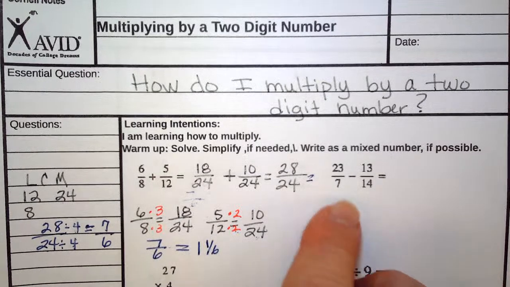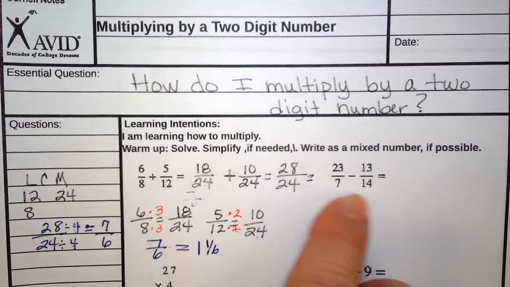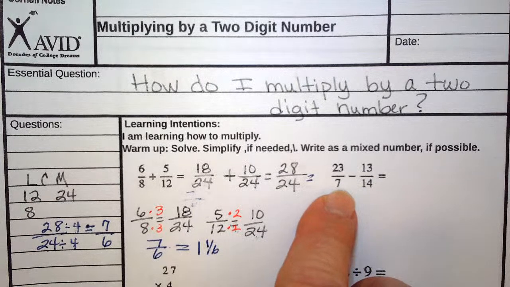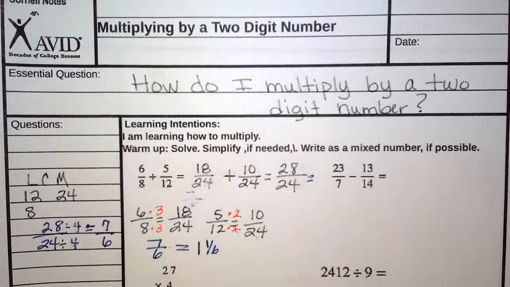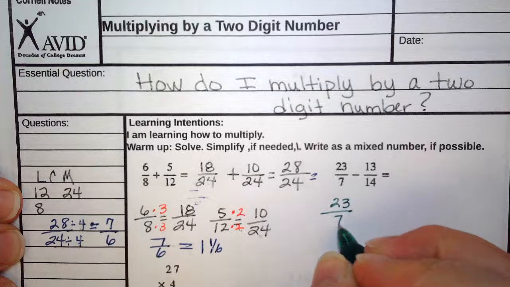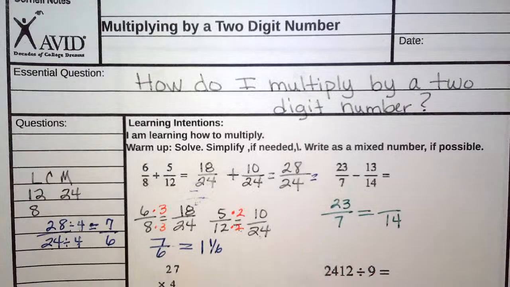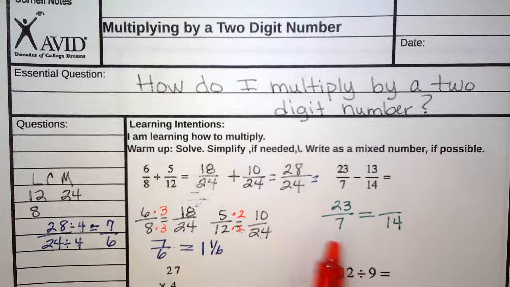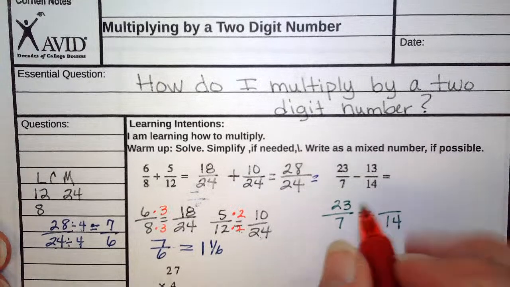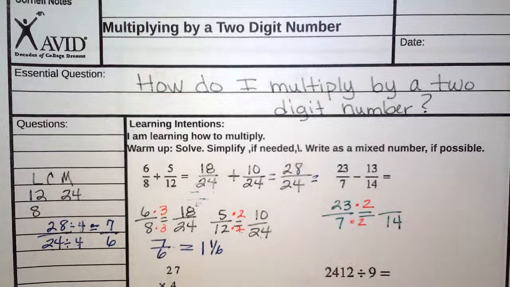On the next one, the same thing. If you notice, 7 times 2 is 14. All I have to do is change the first one into that equivalent fraction. So if I'm looking at 23 over 7 is equal to what over 14? Because it goes 7, 14. 7 times 2 is 14. 23 times 2 will be 46.